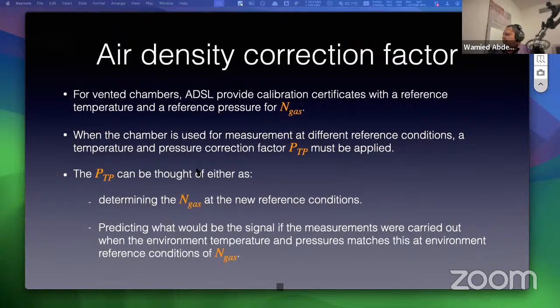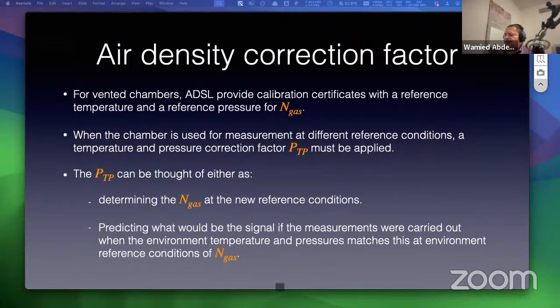Basically, we need to apply a correction factor. It's called PTP, the temperature and pressure correction factor. And you can think of this PTP in two different ways. Either you can think of it as a correction to the N-gas.